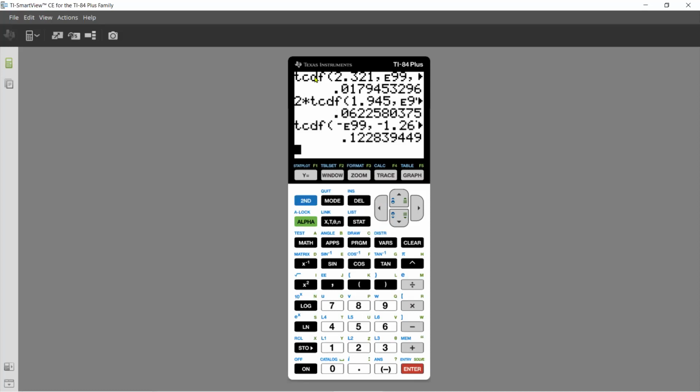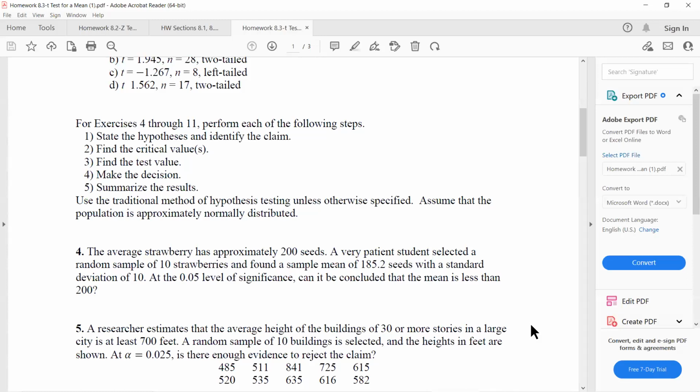Going on to letter D. We have T equals 1.562, N is 17, and it's 2 tails. Anytime you have a 2-tail test, you're only going to have one p-value, but you'll double whatever you get. So number D is going to look like this. 1.562 and 17.